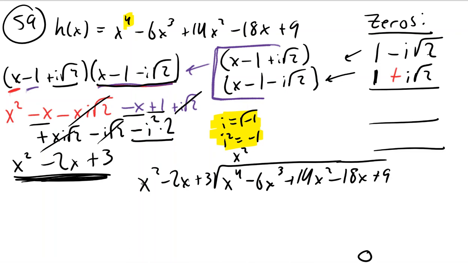So x squared, because x squared times x squared is what gives you x to the 4th. X squared times minus 2x would be minus 2x cubed. And x squared times 3 would be 3x squared.